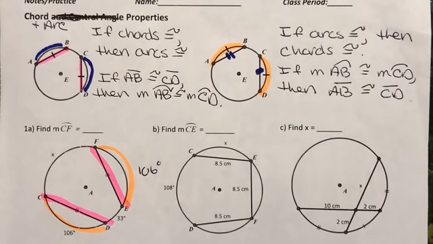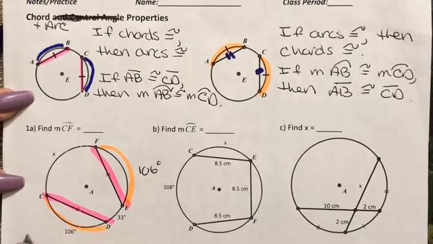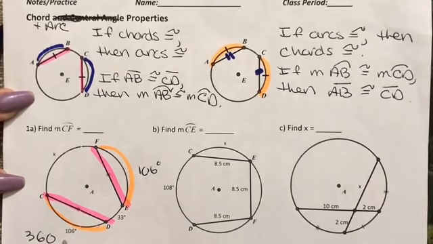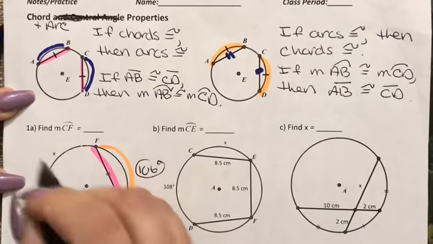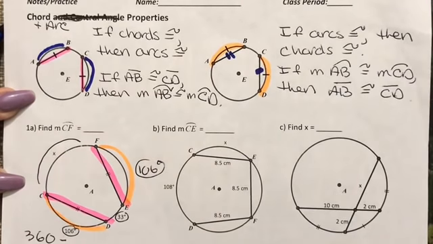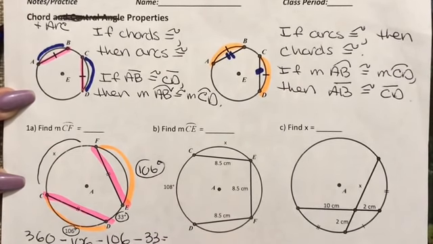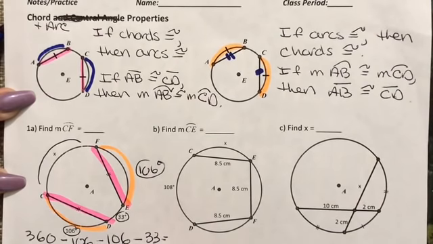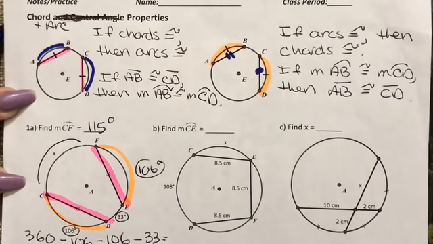Since I know that a circle in total is 360, I can just take 360 and subtract everything that I know, and I will get this missing piece, which is X. So I'm going to subtract 106, subtract 106, subtract 33, and that's going to give me a total of 115 degrees.